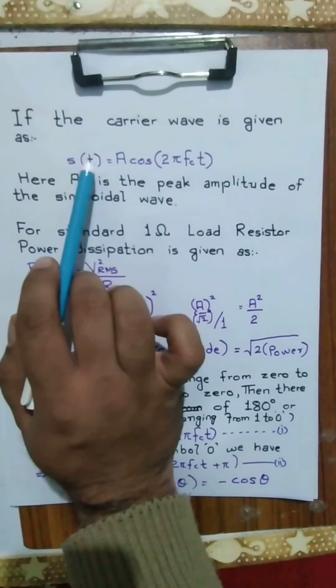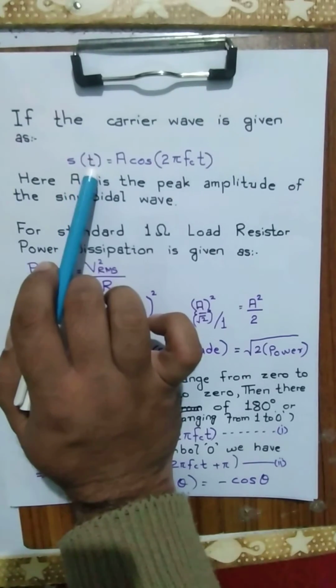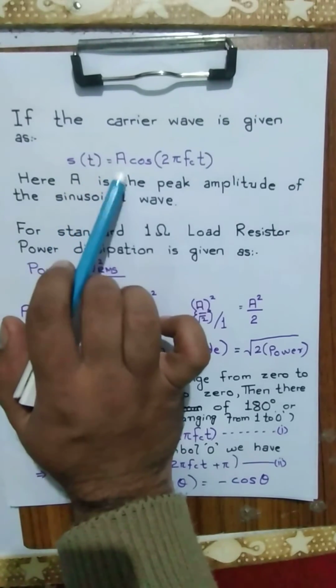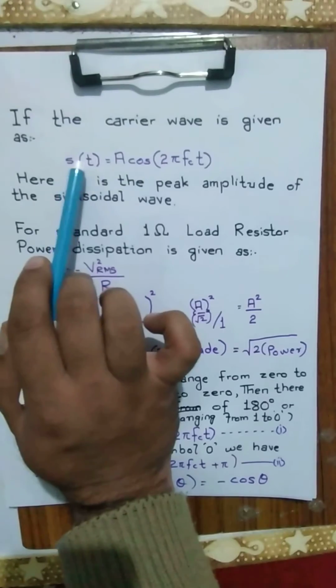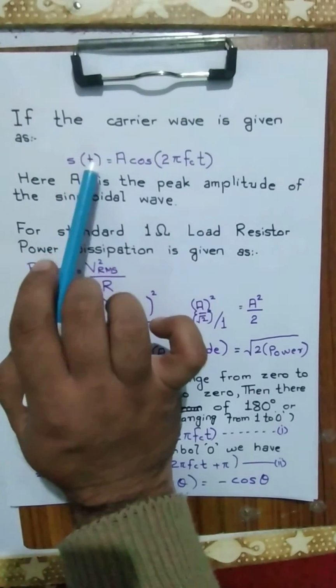If t is a single integer like 1, 2, 3, 4, then s of t will be the instantaneous thing.